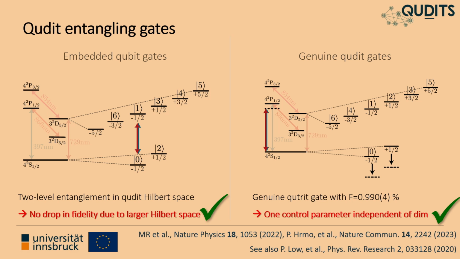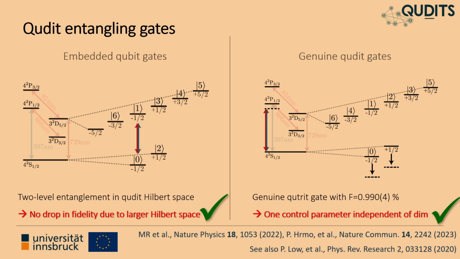Nice thing about this gate is that it only has a single control parameter independent of the dimension. So for the people in the lab, it's very convenient. There's also another nice generalization of the MS gate to qudits coming out of IQC, but you might hear about that tomorrow, I don't know, so I won't say anything there.